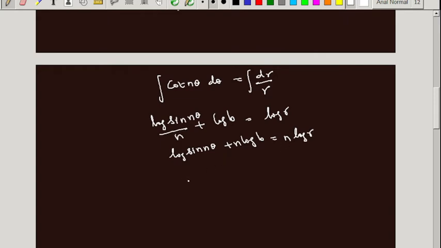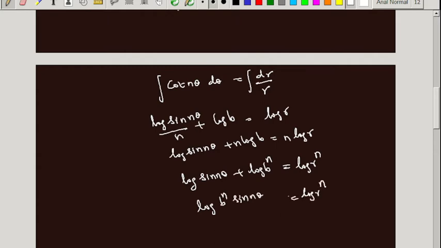By using the power rule, we write log sin n theta and log b power n equal to log r power n. So this can be written as b power n into sin n theta equal to log r power n.